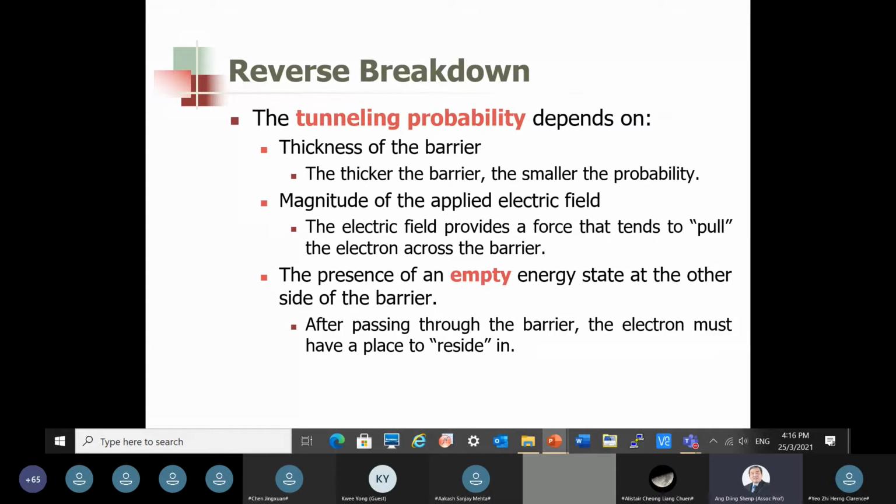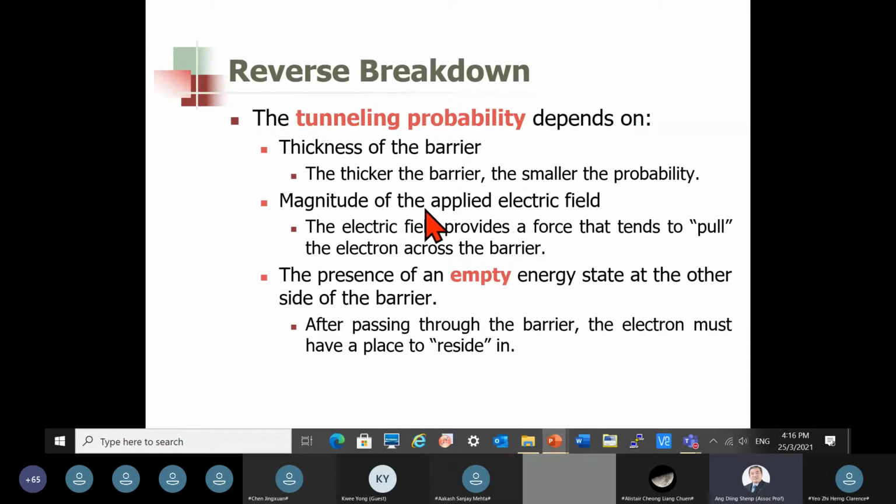And the probability will increase exponentially when the barrier thickness is reduced. I won't go through the mathematical derivation for this as it is quite involved. It basically involves solving the Schrödinger equation, and we can see that the probability actually depends exponentially on the thickness of the barrier.